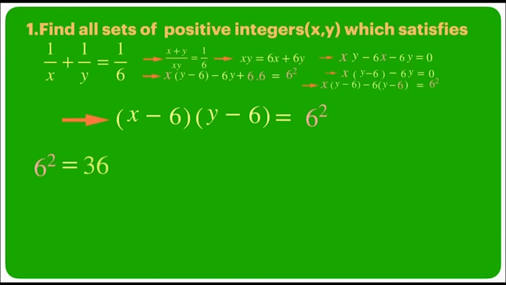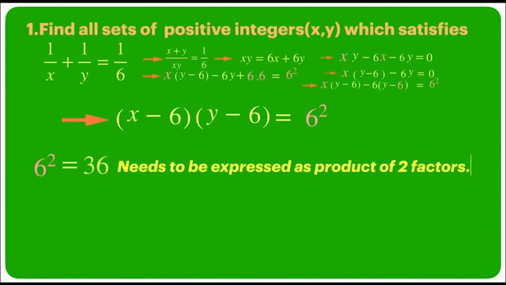So at first we have to find all the factors of 6 square, all the divisors of 6 square. So how many divisors are there in 6 square? 36 needs to be expressed as the product of two factors, which will be equal to x minus 6 into y minus 6.